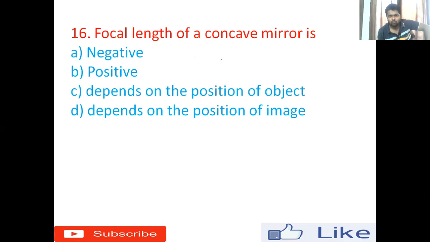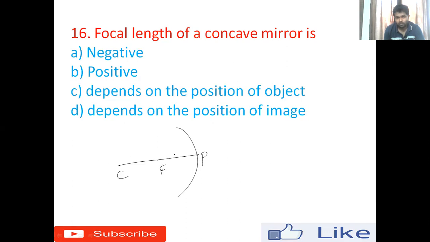16th one, the focal length of a concave mirror is option A negative, option B positive, option C depends on the position of the object, option D depends on the position of image. So let me say concave mirror, principal axis, this is the pole of the mirror, pole is the center part of the mirror. Let me say that center of curvature, and this is the focus.